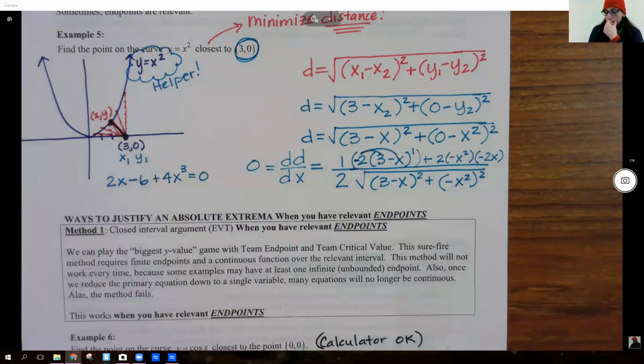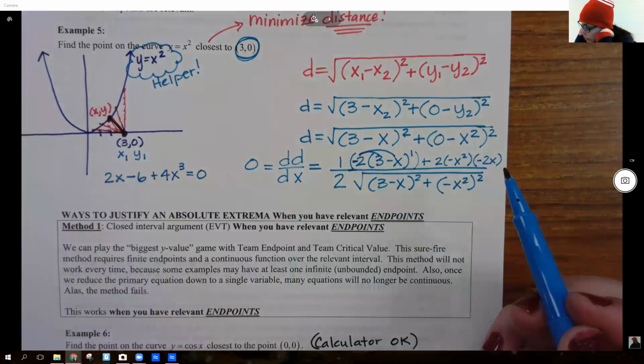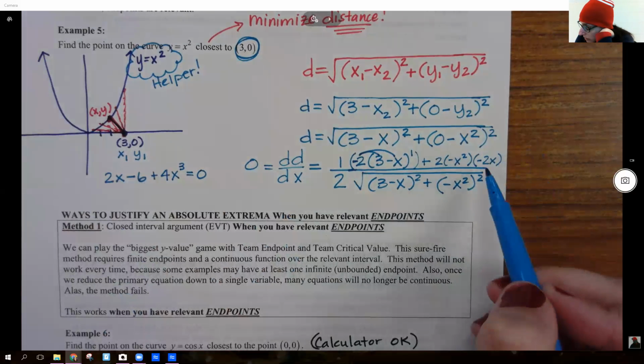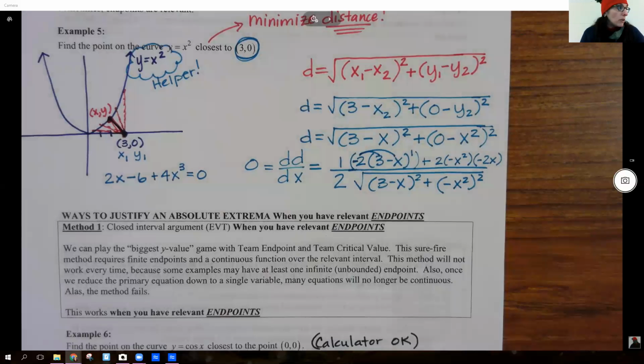Set equal to 0. Do I have that right? Let's take a good look at that. Yeah, that should be right. Okay, so this is a cubic.